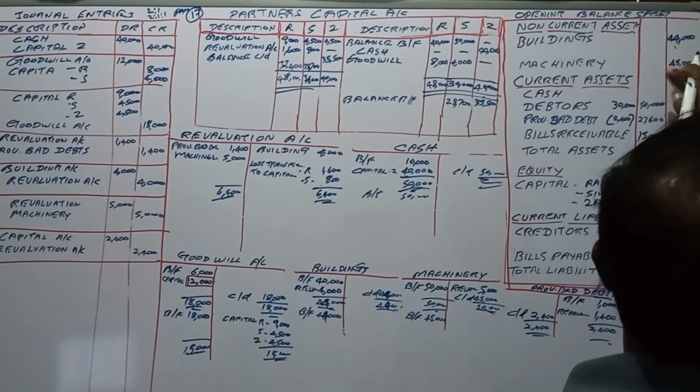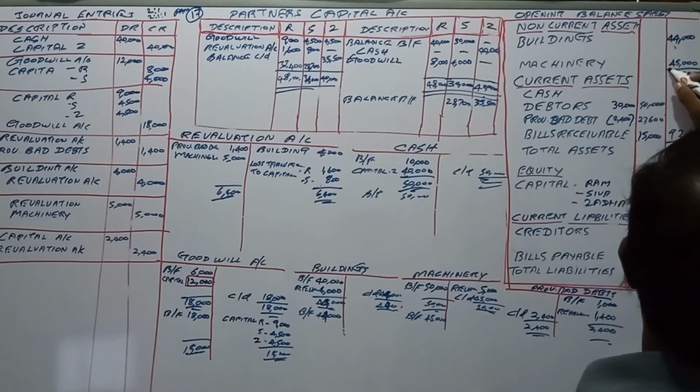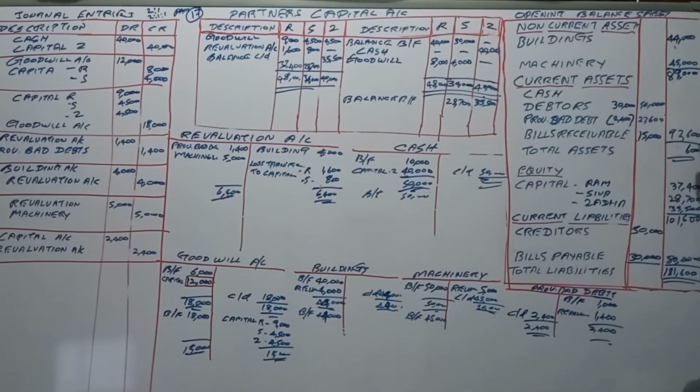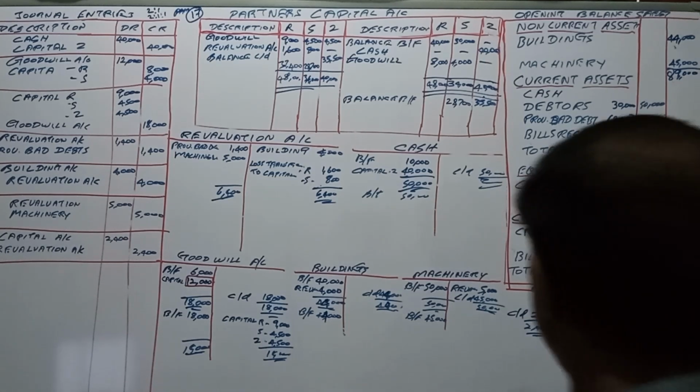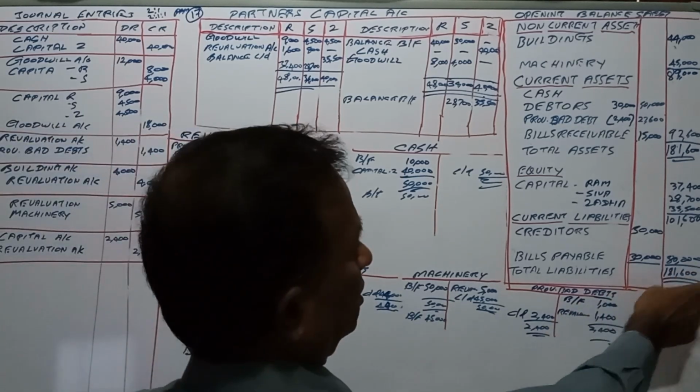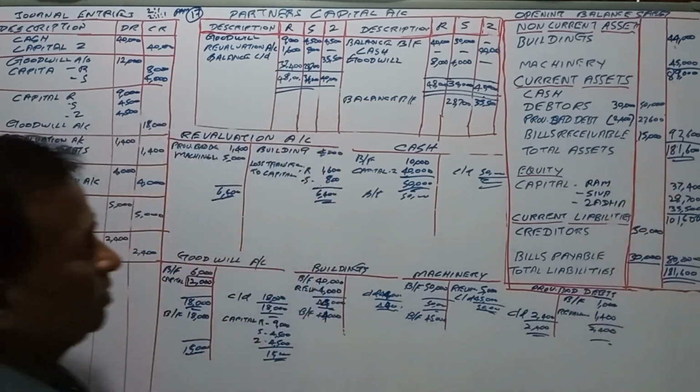Right? Okay. The balance sheet is balancing at 181,600.